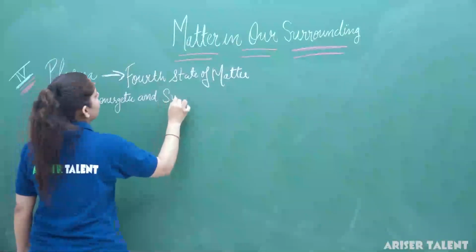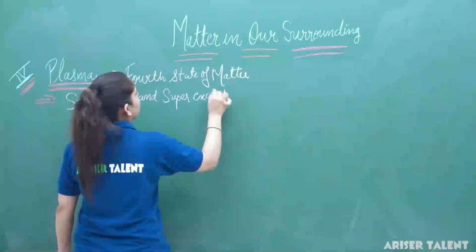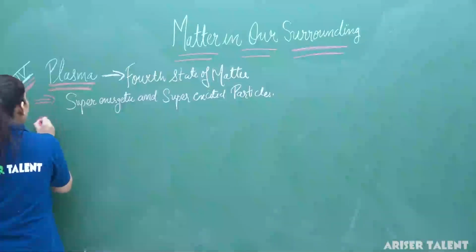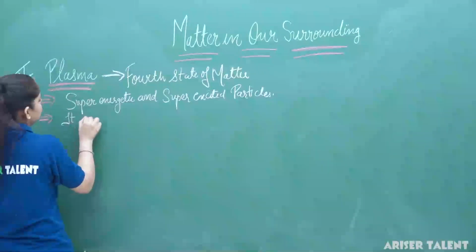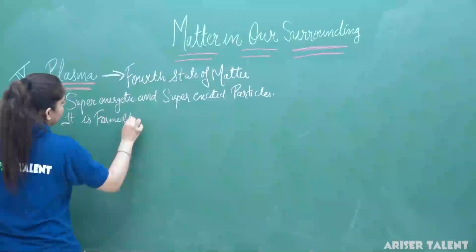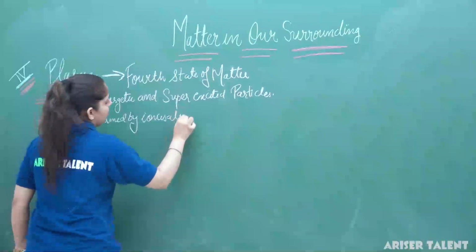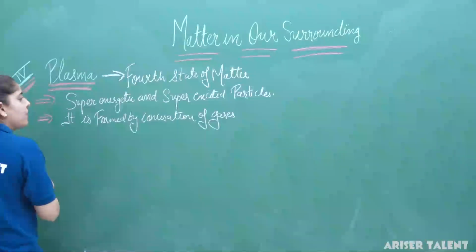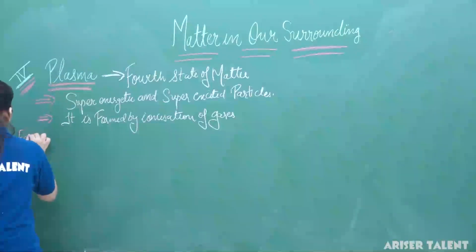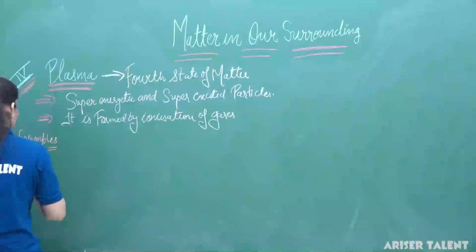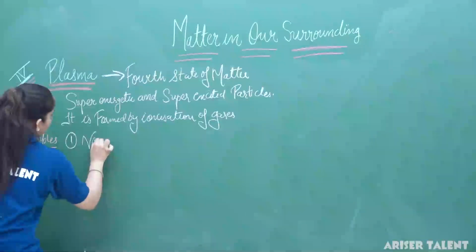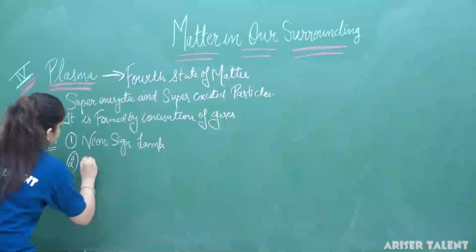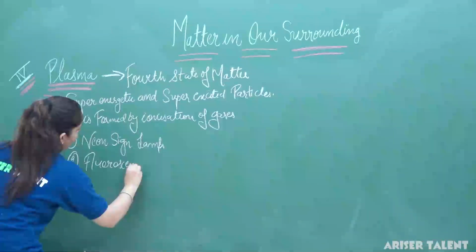So we can say that it is going to constitute super energetic and super excited particles. It is formed by ionization of gases, and the examples we can see here are: first, neon sign lamps, and second, fluorescent lamps or lights.